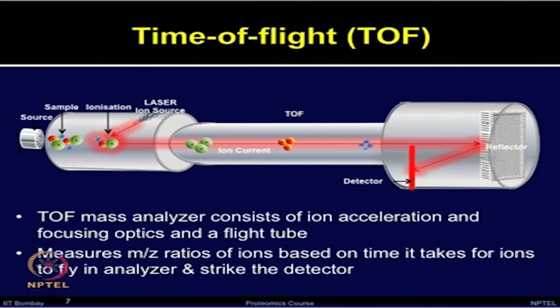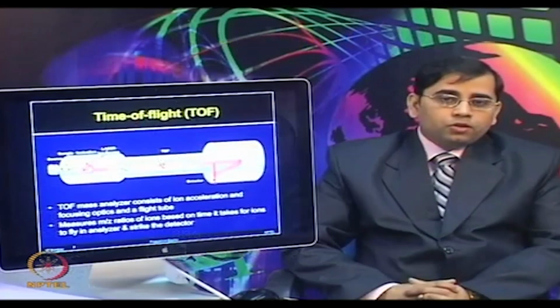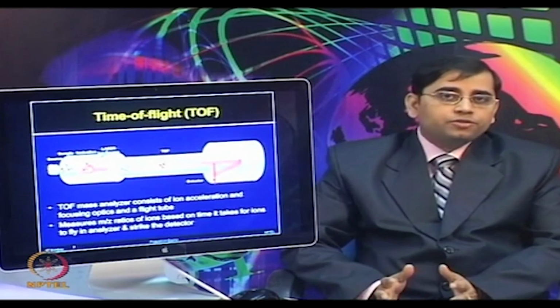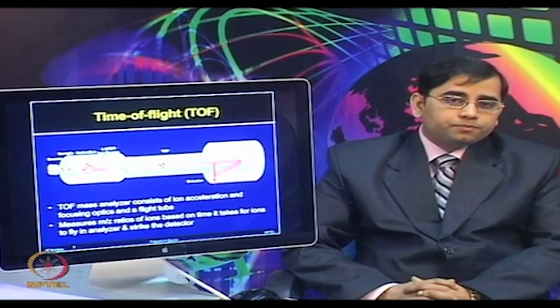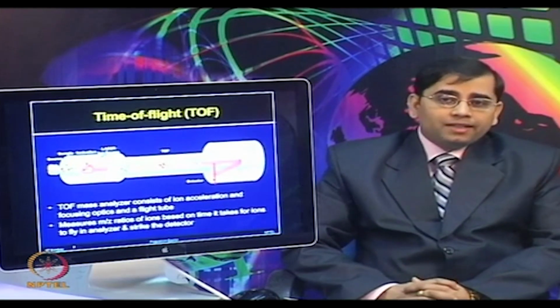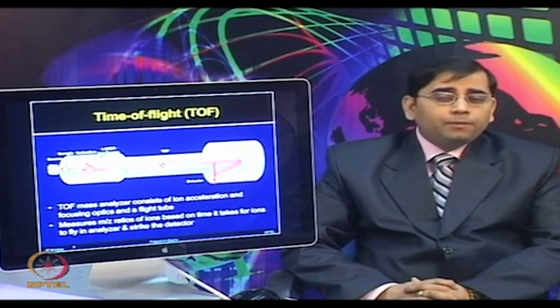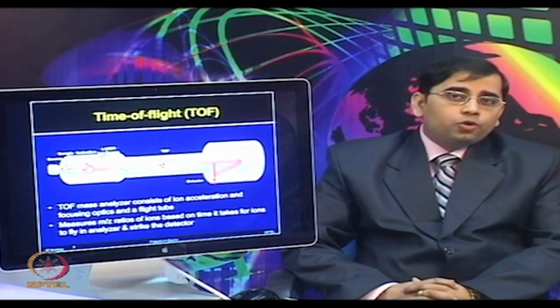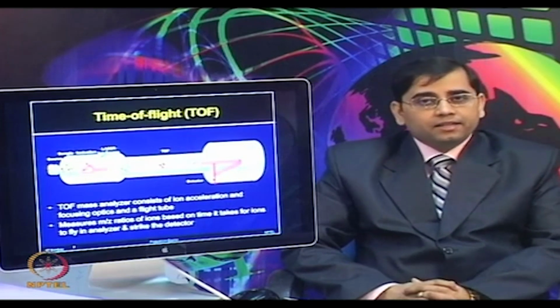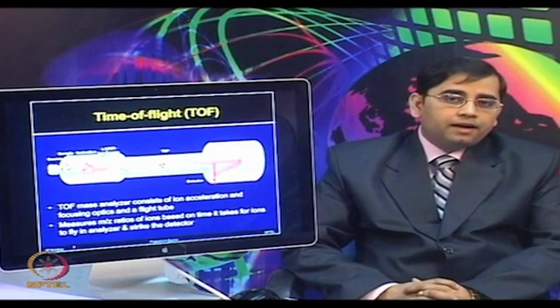This time of flight tube measures the mass to charge ratio of ions based on the time it takes for ions to fly in the analyzer and strike the detector. Now, the mass is exponentially proportional to the flight time, how much time it takes to travel in the time of flight tube. So, ions of lower masses are accelerated to higher velocities. Time of flight tubes often outperform scanning mass analyzers in sensitivity and scan speed.